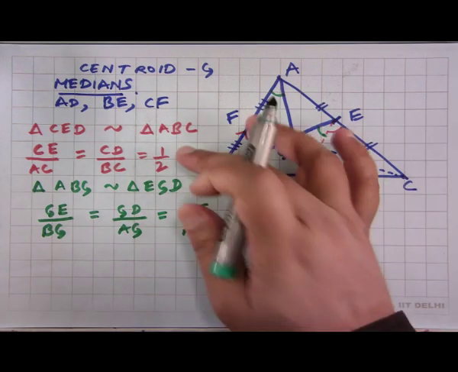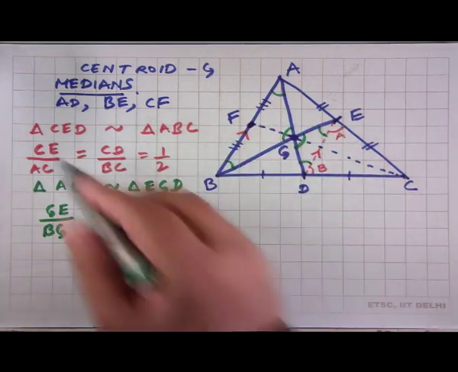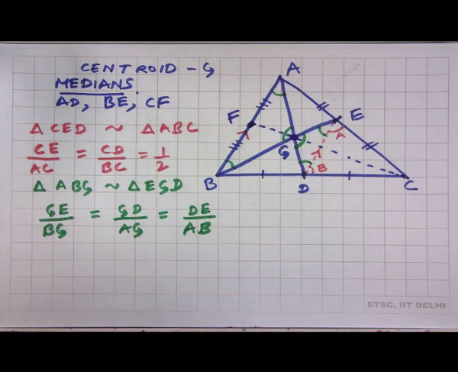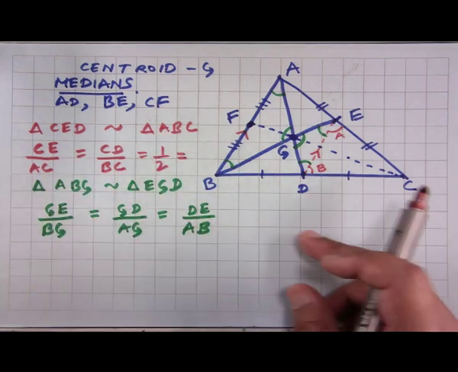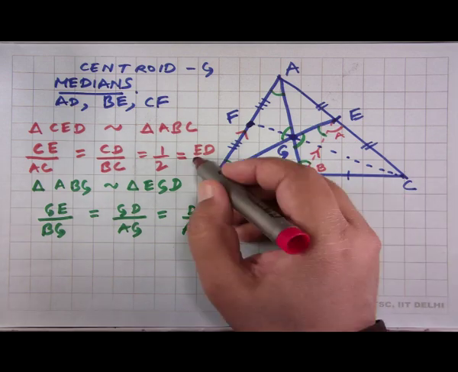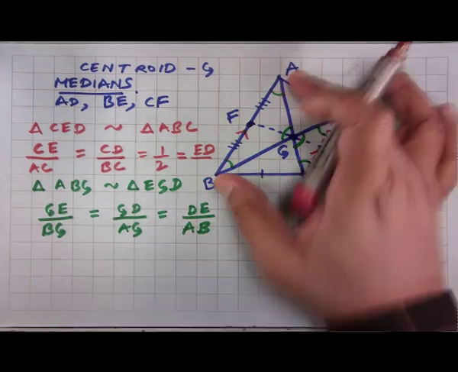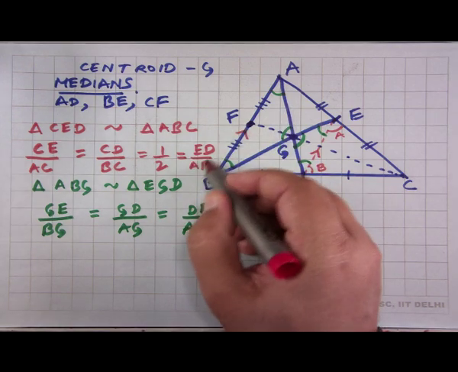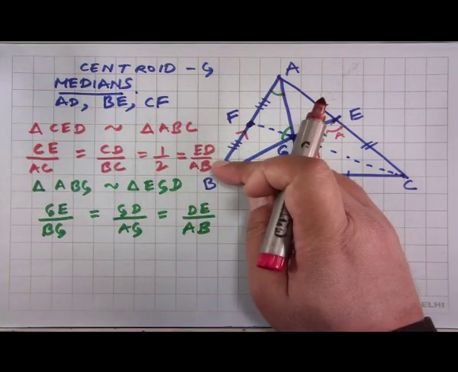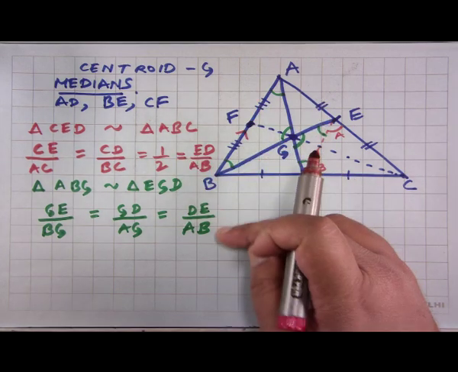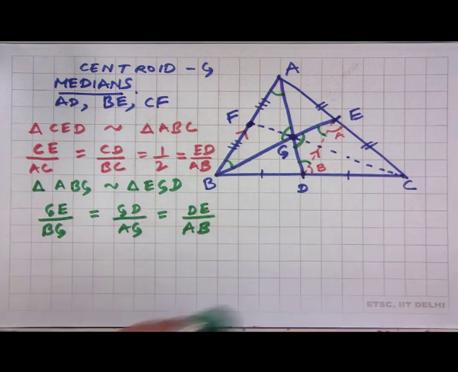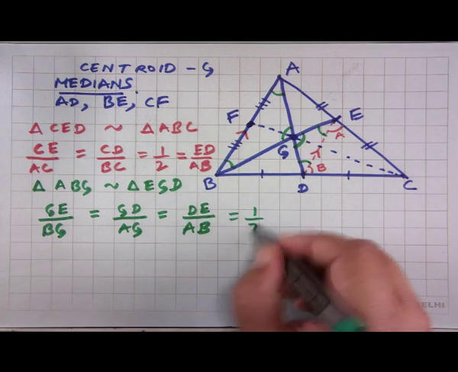However, just now we had shown that the triangle CED and the triangle ABC are similar. So, these two ratios should be equal to the ratio of the side ED of triangle CED over the side AB of the triangle ABC. Because of the similarity of these two triangles, it follows that this ratio ED by AB is half, but that ratio is the same as this ratio, and hence this ratio is equal to half.